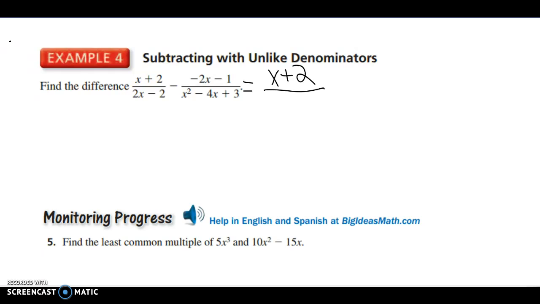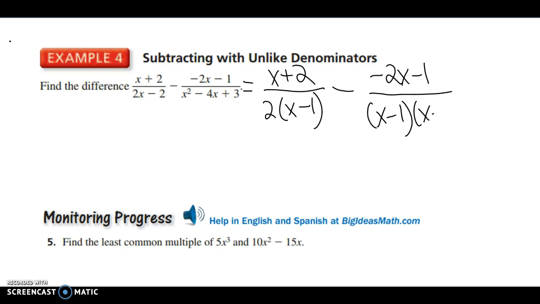But then in the bottom, I'm going to factor out a 2, and it will be x minus 1. Minus, I've got negative 2x minus 1 in the top. And then I can factor that bottom part into x minus 1 times x minus 3.